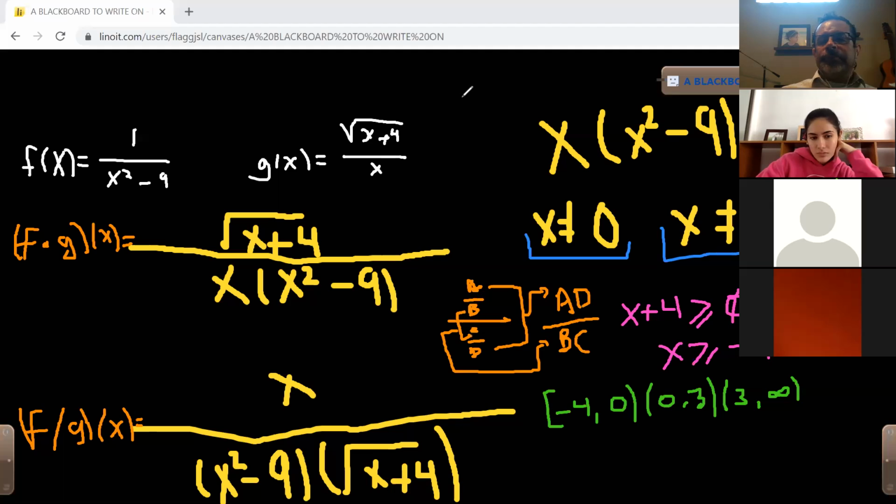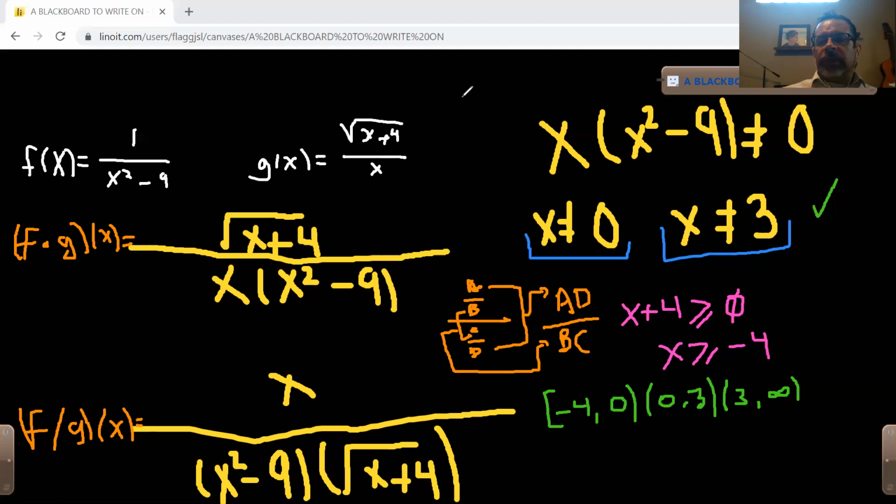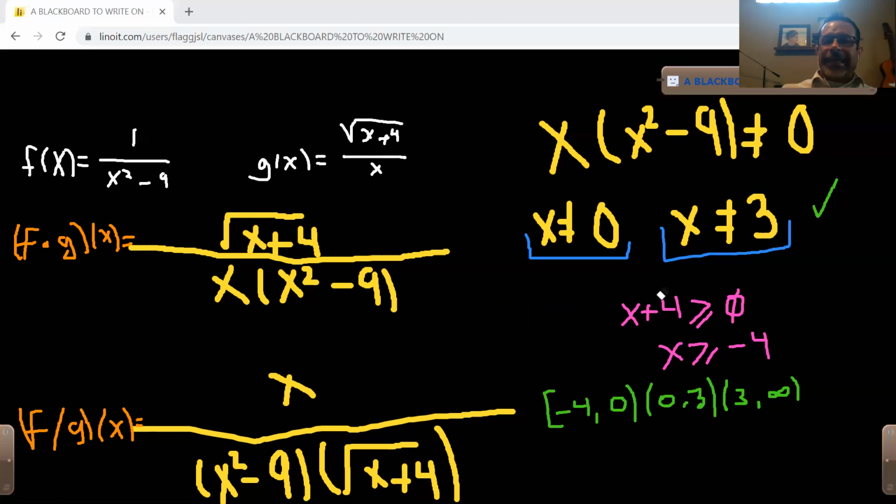Okay, now one thing here, the domain for the first case, the domain is exactly the same. Okay, why? Because we've got the same restriction in the denominator, x can't be 0 and x can't be 3.